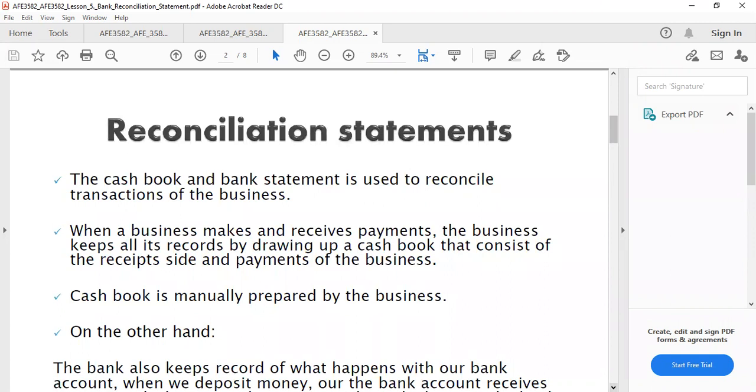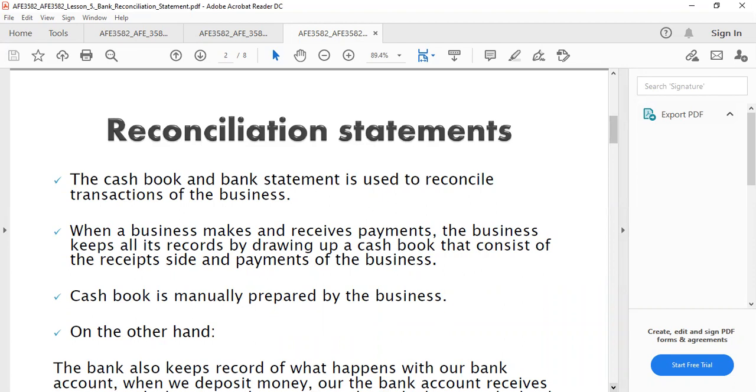So a bank reconciliation is prepared when your cash book amount is not corresponding with the amount that is on your bank statement. Remember, you as a business keep a cash book to record all money received and money paid out. Now you have a bank column in your cash book.